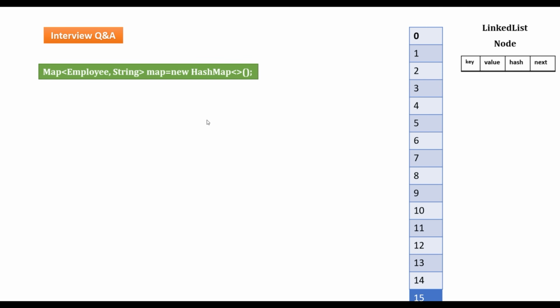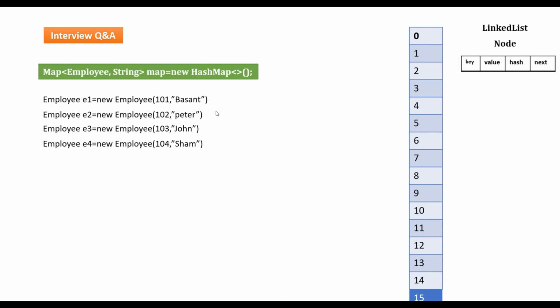Now let's create a few employee objects to store in the map. So I created 4 employee objects. Now when I call map.put(e1, some string value), e1 is my employee1 object. How will your HashMap identify where to keep this entry between 0 and 15?